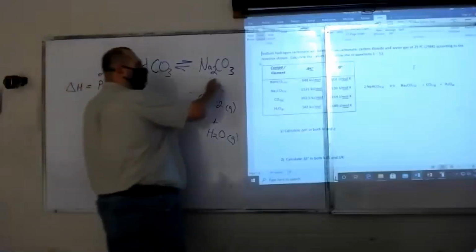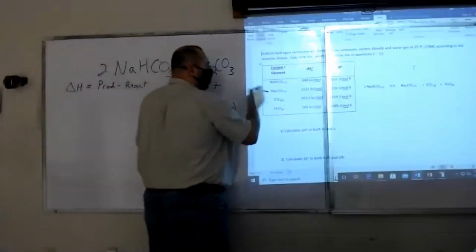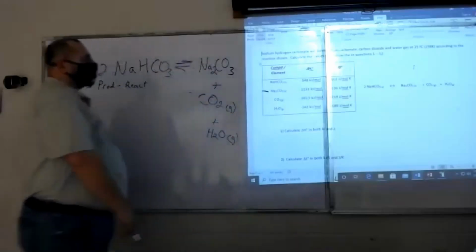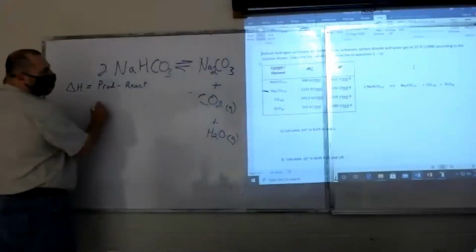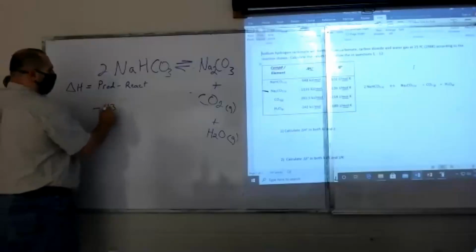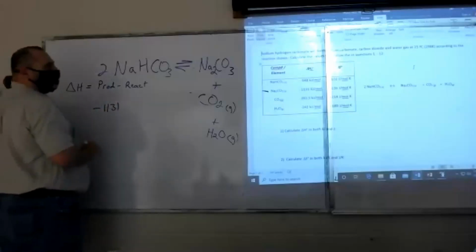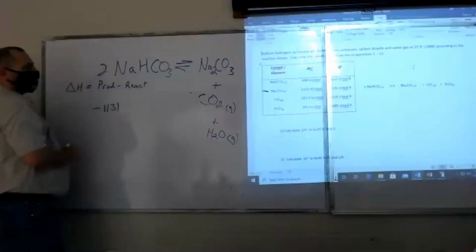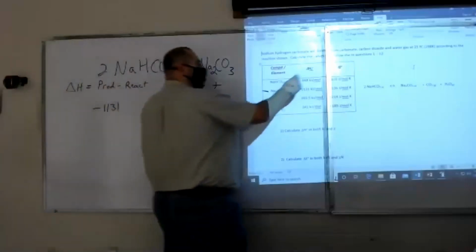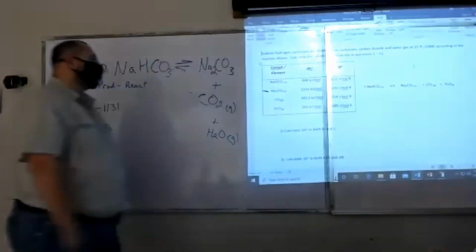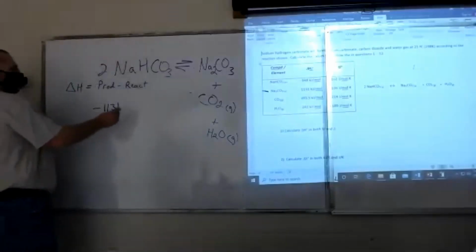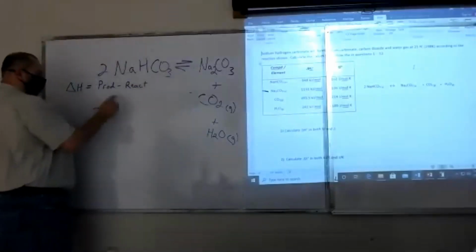So Na2CO3, I'm going to find it. Negative 1131. Make sure you're paying attention to whether it's the delta H or the delta S. Times 1, so that's fine.